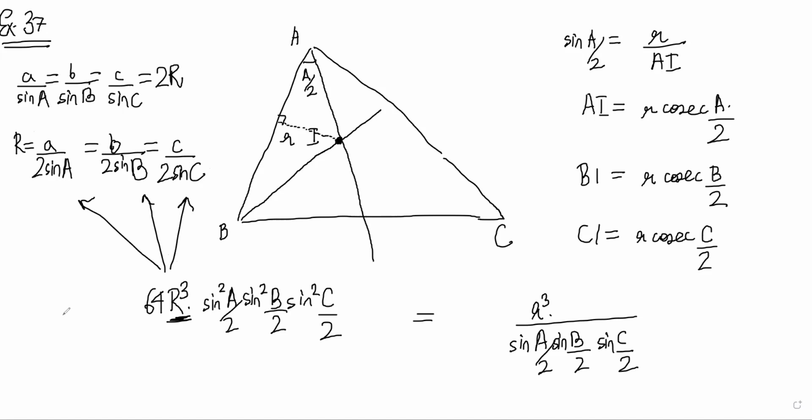So you'll get ABC by 8 sine A sine B sine C, right? Yes, sir. So 64 and 8 will cancel. It will be 8 ABC by sine A sine B sine C, multiplied by sine square A by 2, sine square B by 2, sine square C by 2.